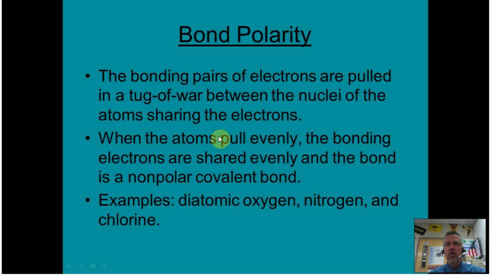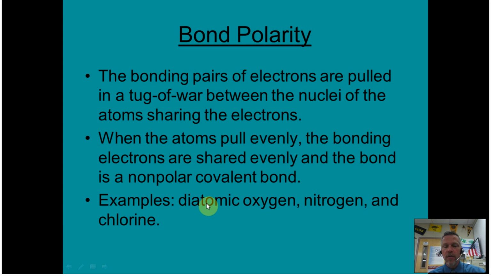If the bonding electrons are shared evenly, then you have a nonpolar covalent bond. In other words, there's not any uneven distribution of the electrons between the two atoms. The electrons are shared evenly between the two atoms.